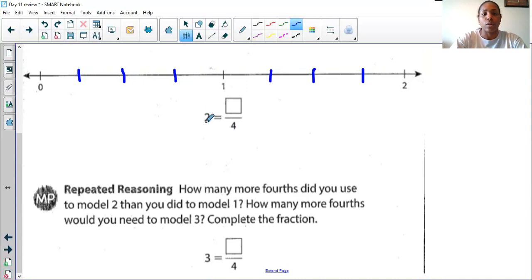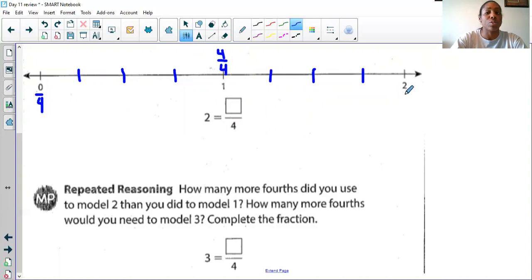So if we take a look, now what is 2 equal? Blank over 4. So remember, this is 0/4. This is 4/4, because 4/4 is equal to 1 whole. So this would make it 5/4, 6/4, 7/4.